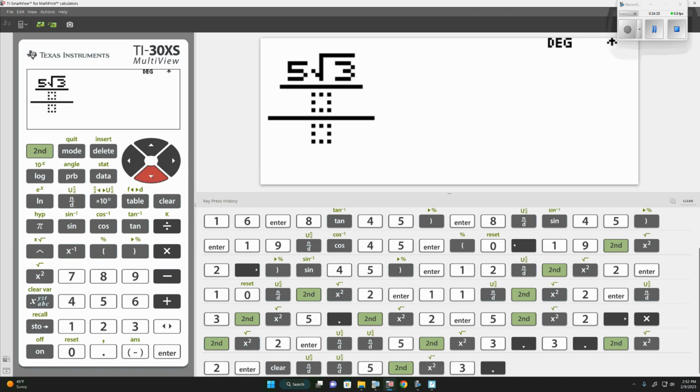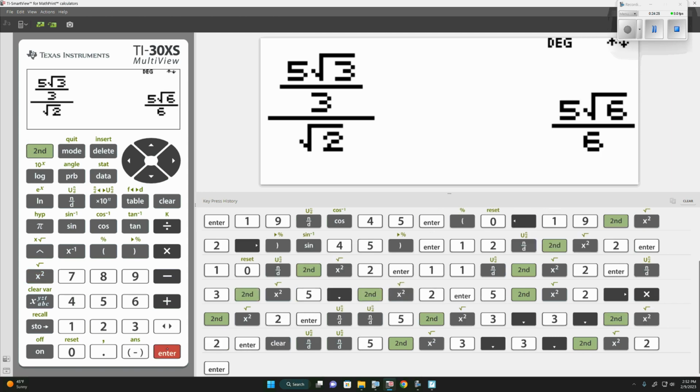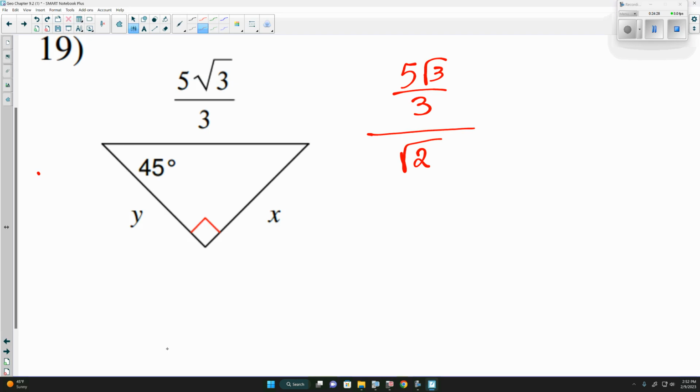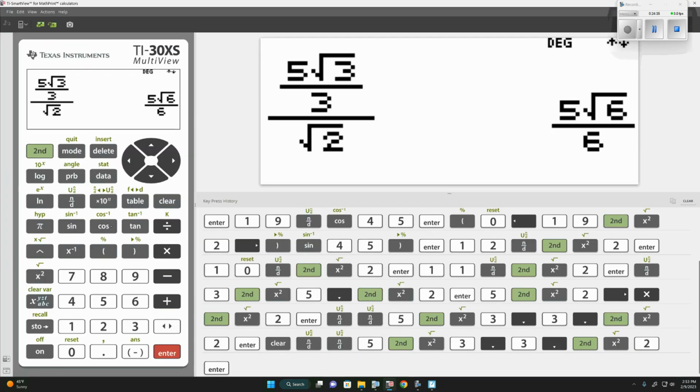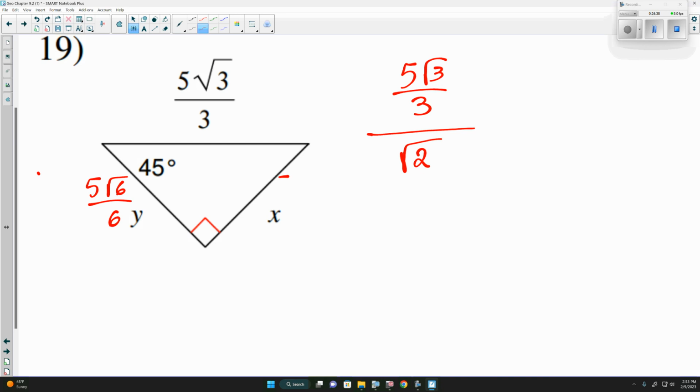Square root of 3 over 3 over... Questions on this here? Any questions over any of this here? Are you ready for the next one?